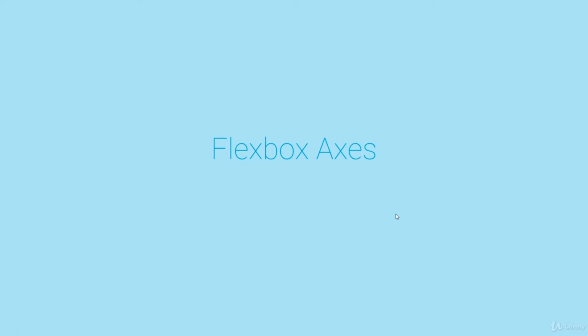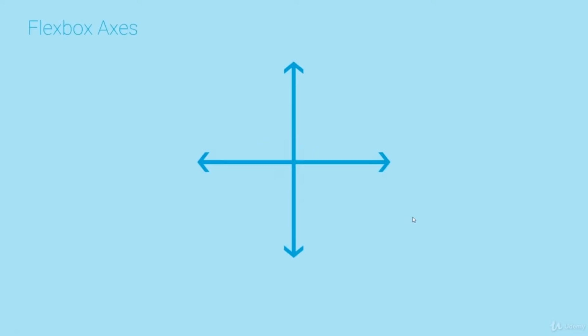So if you really want to understand Flexbox, you need to understand that there are two main axes in Flexbox: one of them is the main axis and the other one is the cross axis.